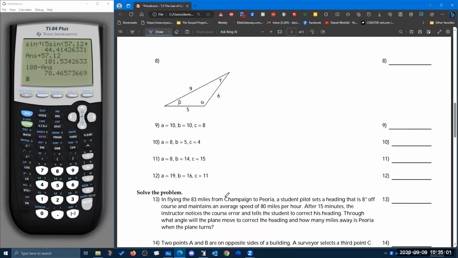Let's go ahead and work on number 8 now. We're again told to find our angle A and angle B first. b is 6, c is 5, a is 9.